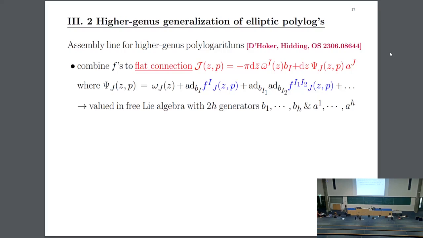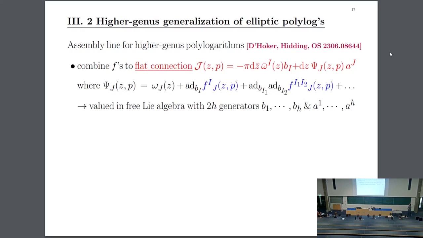Okay, so then let's see how this gives rise to polylogs. So once we have all these integration kernels in place, it's not a big deal to generate polylogs from that. Step 1 is to build a flat connection. This may sound a little bit trivial. If you're used to working with meromorphic ingredients, then more or less anything you can write down is a flat connection.